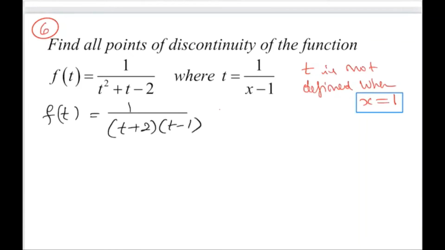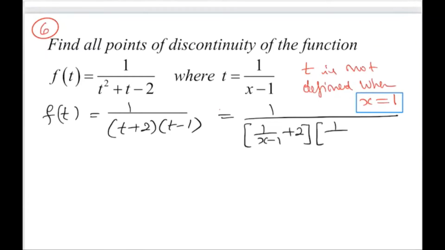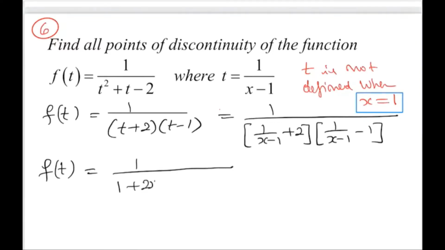Now you substitute for t. 1 over, 1 upon x minus 1 plus 2, 1 upon x minus 1 minus 1, that is f of t. 1 upon, this will be 1 plus 2x minus 2 upon x minus 1, that goes to the numerator.